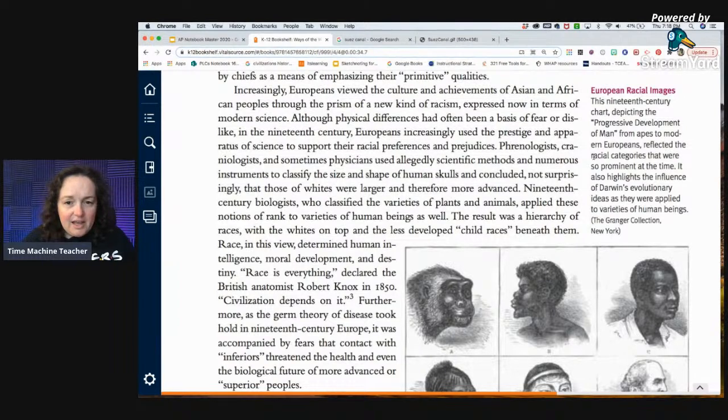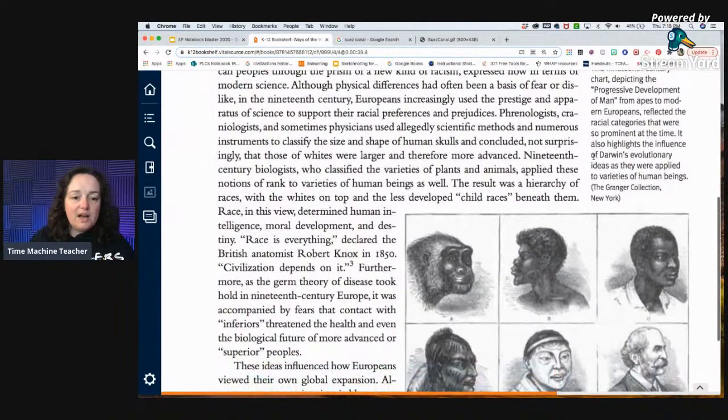I think it's phrenologists, I can't say that word either, or craniologists. They basically measured the size of the skull, and sometimes physicians used allegedly scientific methods and numerous instruments to classify the size and shape of human skulls, and concluded, not surprisingly, that those of whites were larger and therefore more advanced. 19th century biologists who classified the varieties of plants and animals applied these notions of rank to varieties of human beings as well.